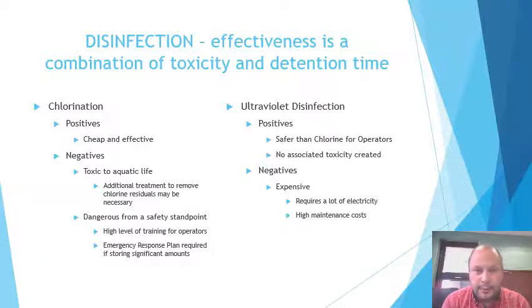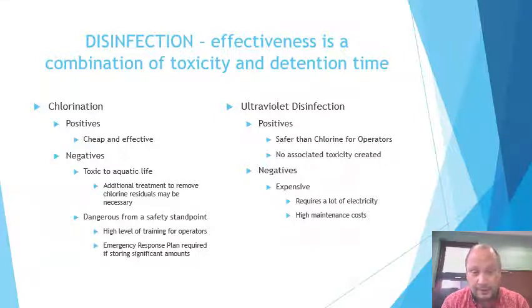So the two technologies that we've used here at our plant since I've worked here would be chlorination and UV disinfection. There are positives and negatives to both, which I've outlined here on this slide. Of course, the main positive for chlorine is that it's relatively cheap and also very effective.